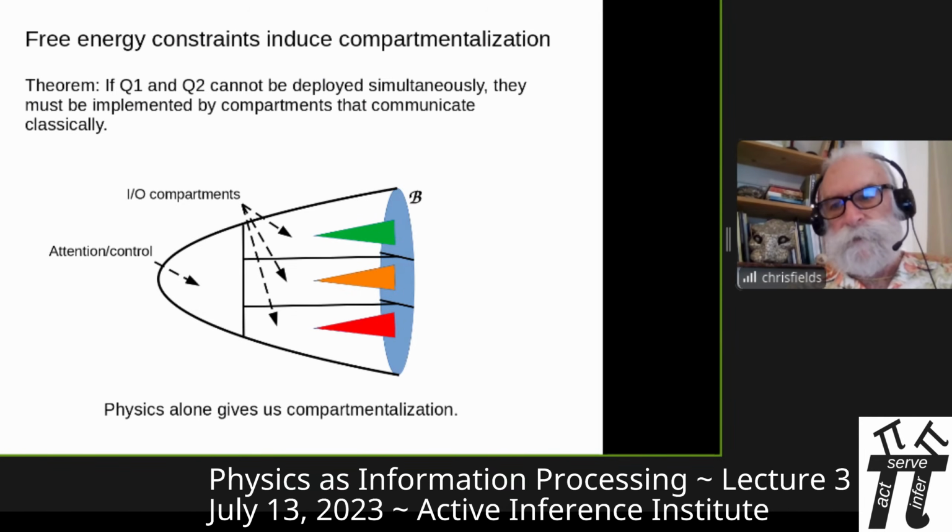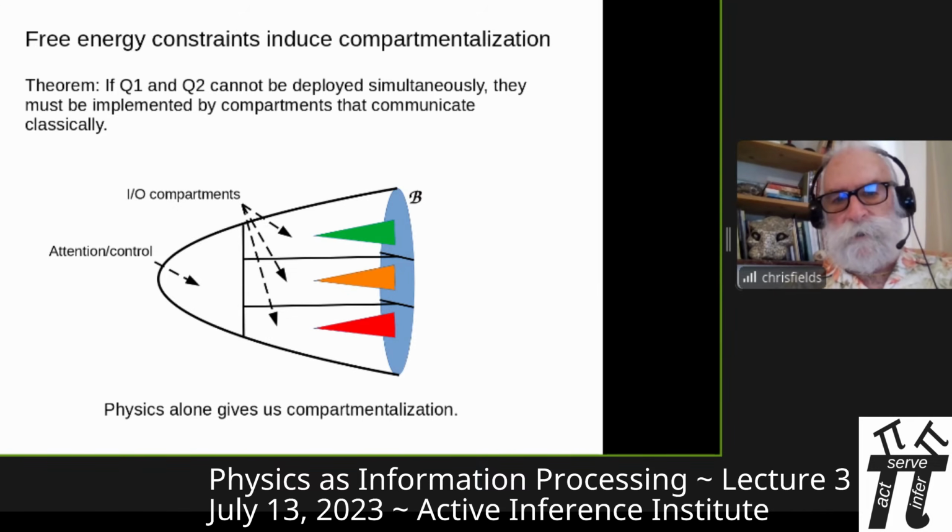So compartments that only communicate classically. The consequence of this theorem is that as soon as one has too many sensory and motor capabilities to run all at the same time, given your energy budget, you end up being compartmentalized into compartments that only communicate classically.